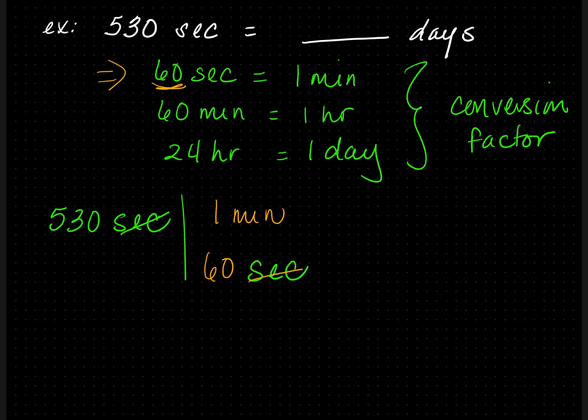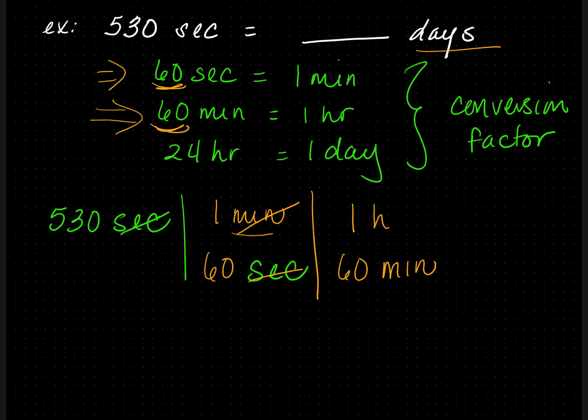The seconds cancel out. If I stop here, my answer is in minutes, and we do not want minutes, we want days. So we need to continue on. Again, we start with diagonals. Since the numerator is minutes, denominator has to be minutes. The conversion factor states there's 60 minutes in 1 hour.